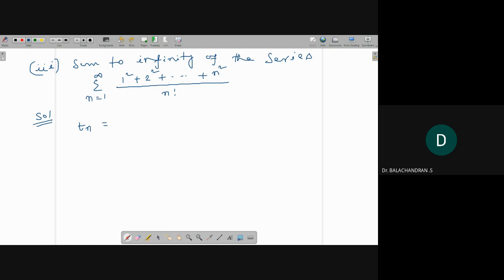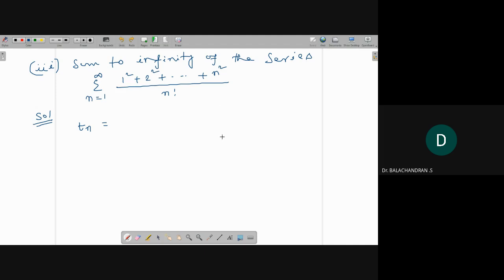Okay, Paritosh, you are right. But first you should tell the nth term and then you can go to the next step. I think you are going to the second step. Okay, sir. What is the nth term? I think it is visible to everyone. N square by n factorial, sir.